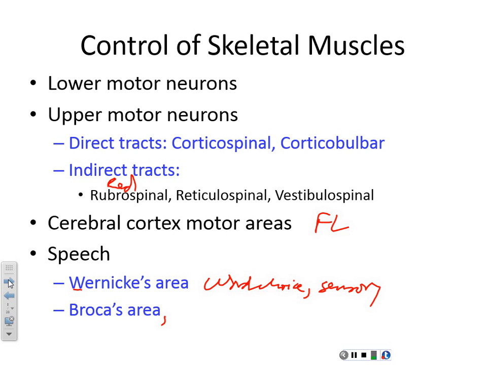It's a motor speech area, so it controls the muscles involved in speech. You have to be able to tell me about these two areas: what kind of area it is and what its function is. Then you get a full point or two points.